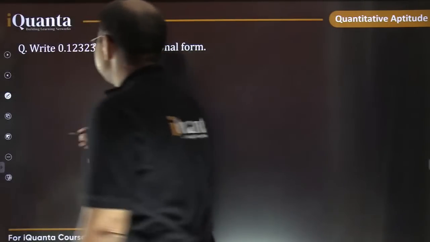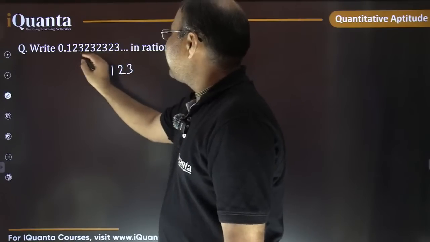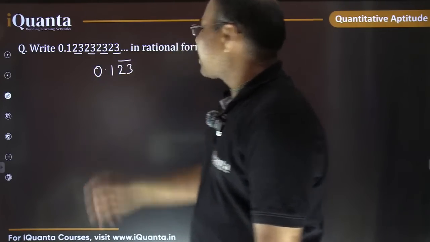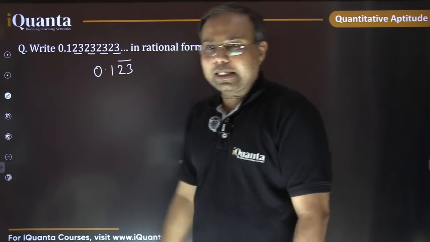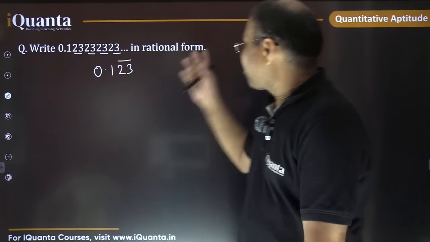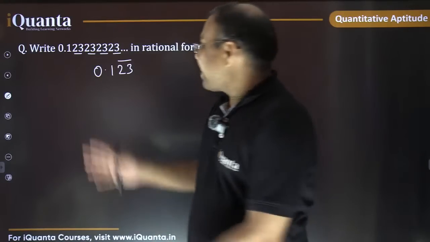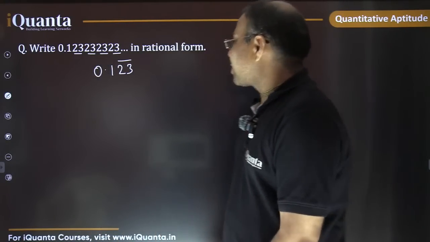See, we can write this number as 0.123. Certainly this 232323, this is a repeating part. So this 23 is in the repeating block, isn't it? So I just need to convert this number in the fractional form or rational form. है ना? So you can make up an equation x equal to this and simplify, or otherwise certainly you know the direct relation also.